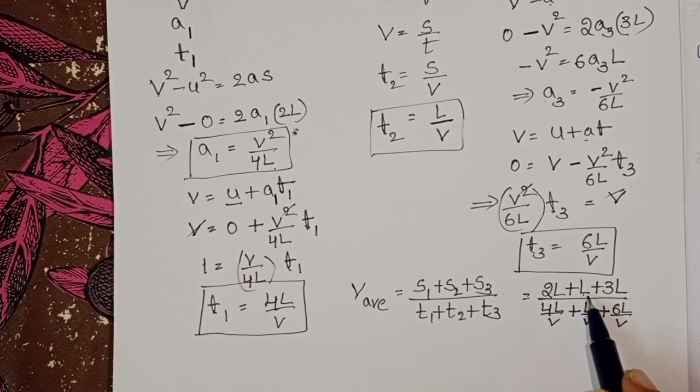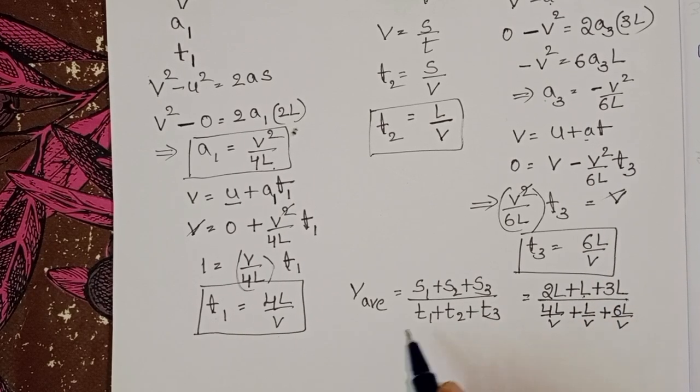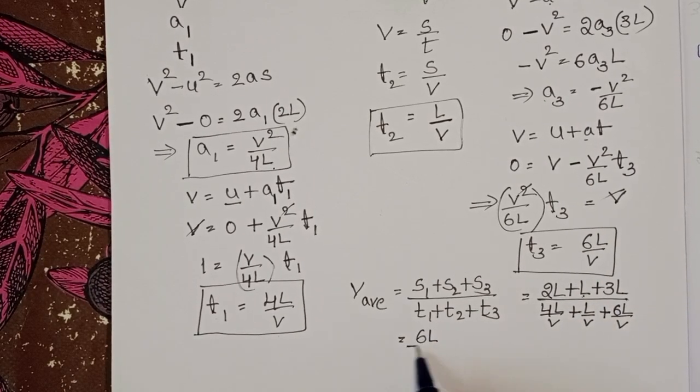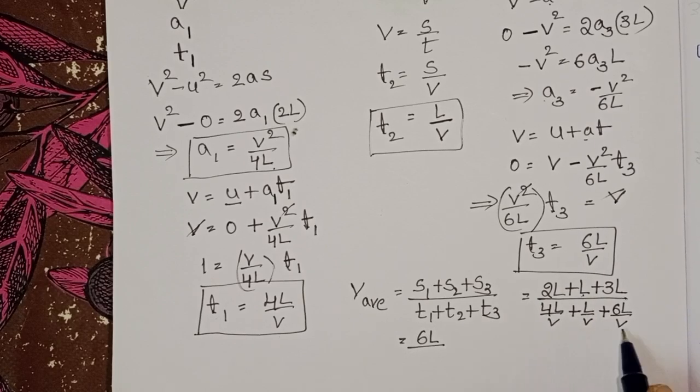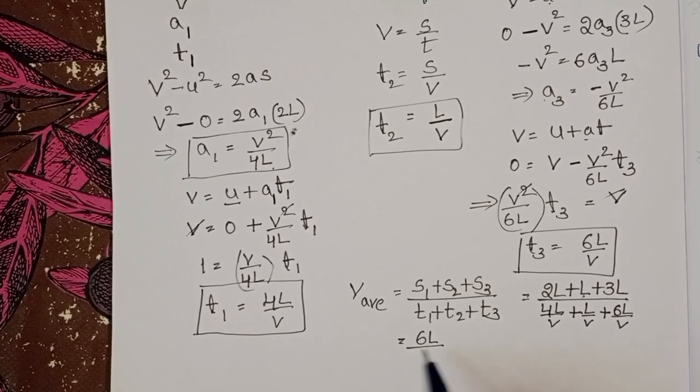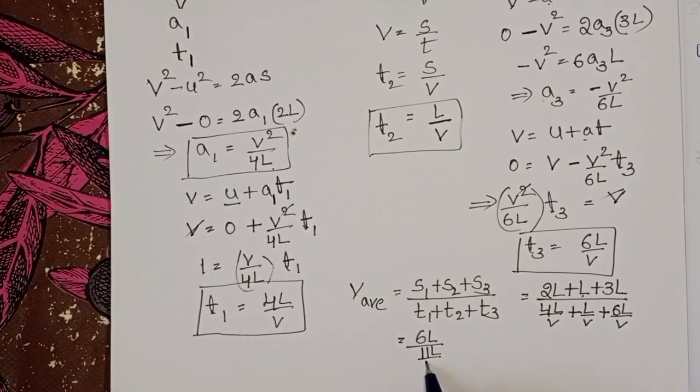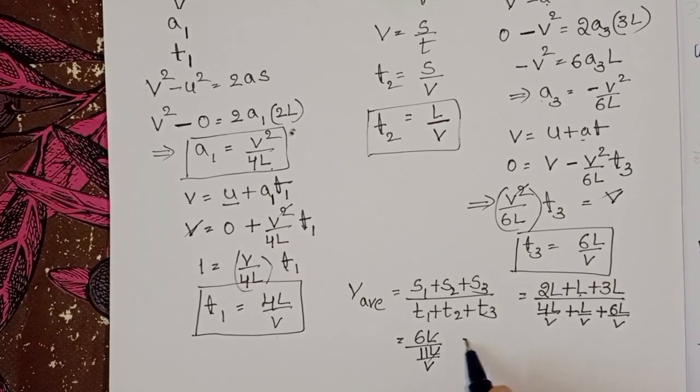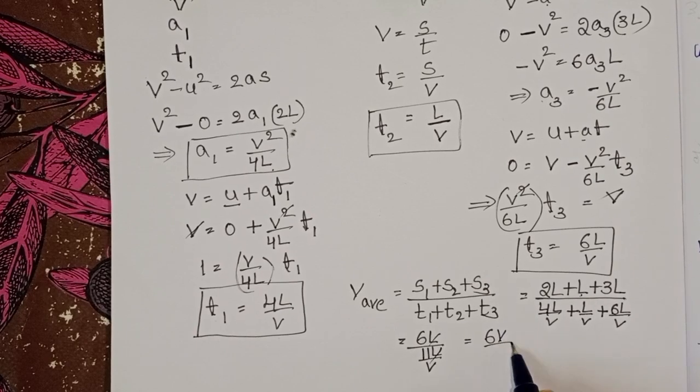Total distance: 2l plus l is 3l, 3l plus 3l is 6l. So 6l by, here the denominators are the same, so add the numerators: 4 plus 1 is 5, 5 plus 6 is 11. 11l by v. l gets cancelled. That is equal to 6v by 11.